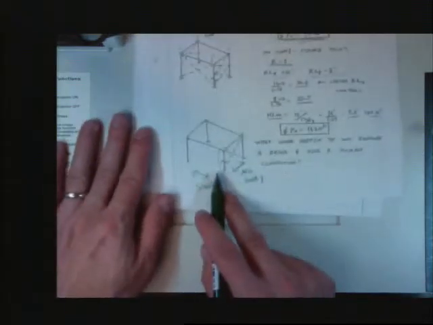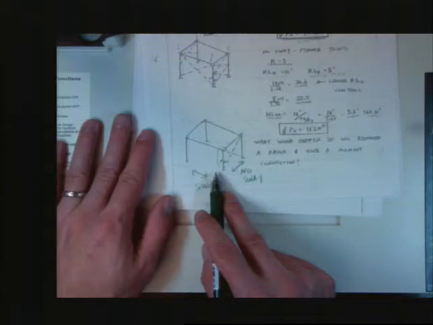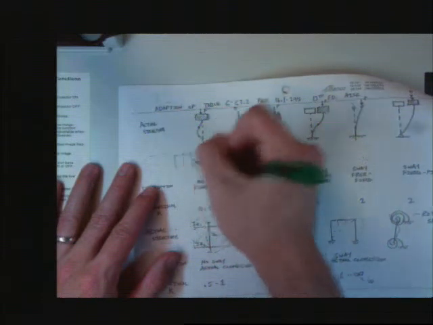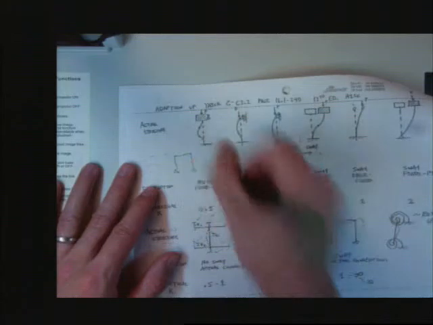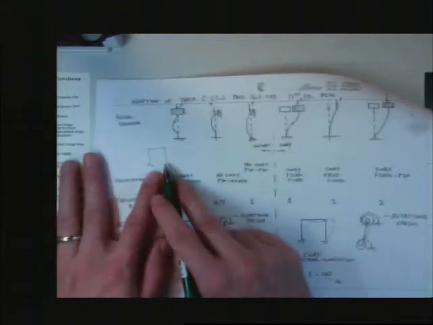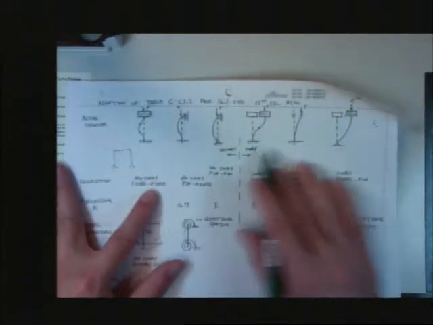How do we solve problems like this? Well, we go back and look at our table. Where's our table? Oh, okay. I'm looking for the one that looks like this. I think it was pinned at the bottom. Which one is it? This is sway, so it's got to be over here somewhere, right?